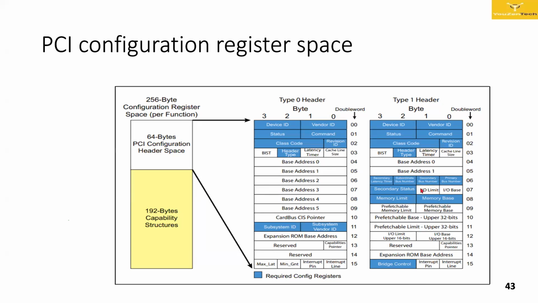So a switch is nothing but just a router, right? It routes the packet if it's not meant for the switch. The upstream port in the switch should know the range of addresses living below it, I mean the range of addresses that the PCIe endpoints have, right?